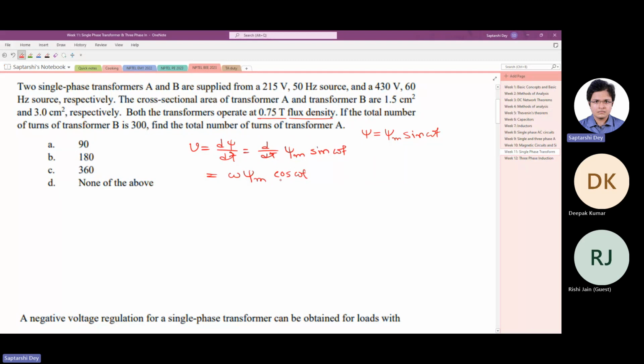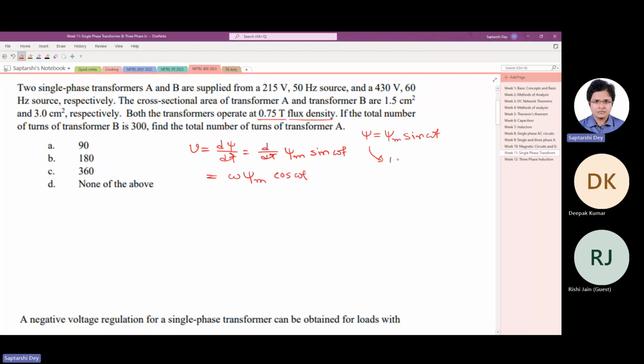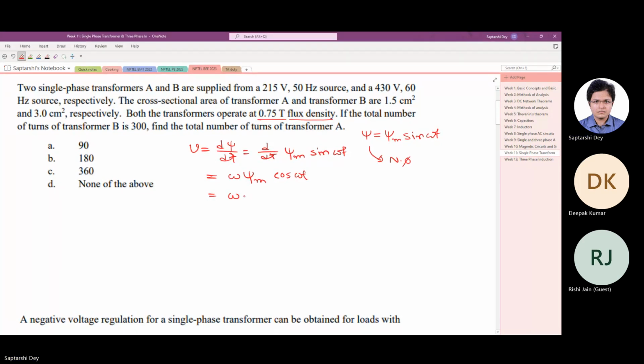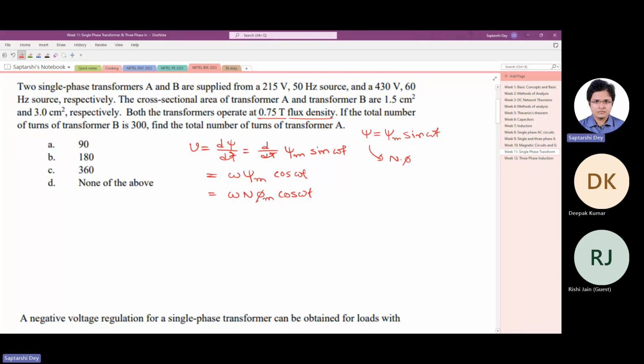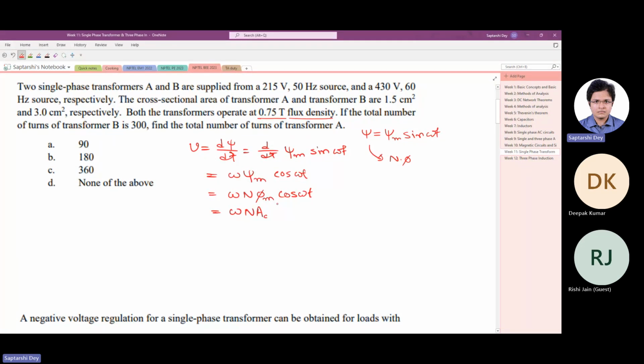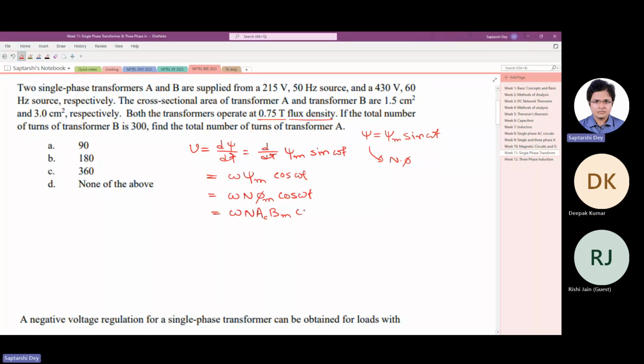Now, psi is flux linkage, and flux linkage is number of turns times flux. So here I can write omega N phi max cos omega t. Again, phi is flux, which is flux density times area of core. So it is omega N, area of core which I write as AC, times B max, the peak flux density in the core, cos omega t.